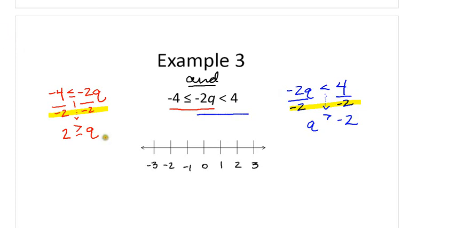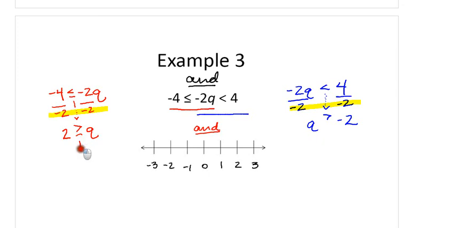So this is where q is greater than negative 2, and 2 is greater than or equal to q. So I still have this and idea. If I have 2 is greater than or equal to q, I don't like the way that's written.